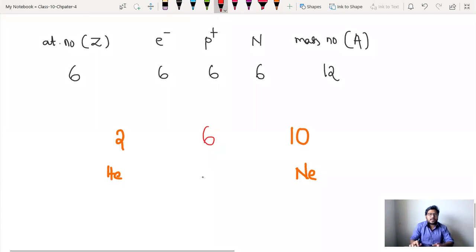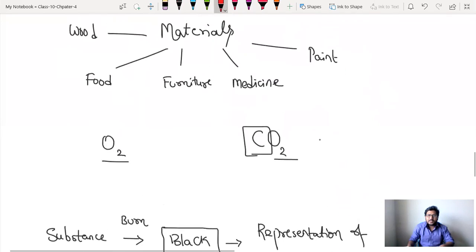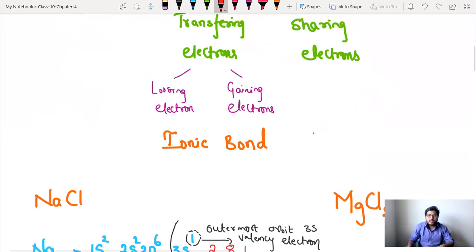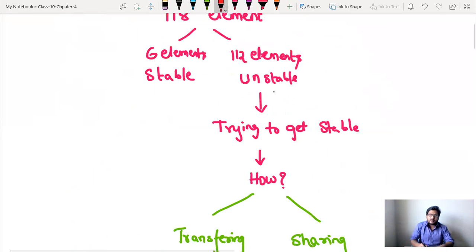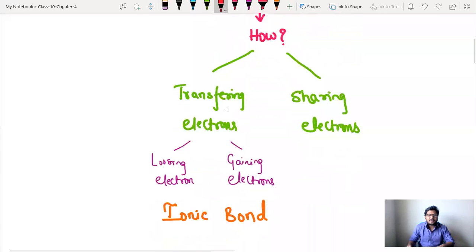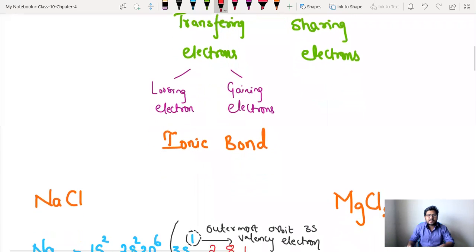To become stable, here, if you observe the chart we have discussed, 112 elements are unstable. In that, carbon is also one of the elements, isn't it? Carbon will be trying to get stable. How? By transfer of electrons, we have discussed. Transferring means either by losing or gaining electrons, isn't it?